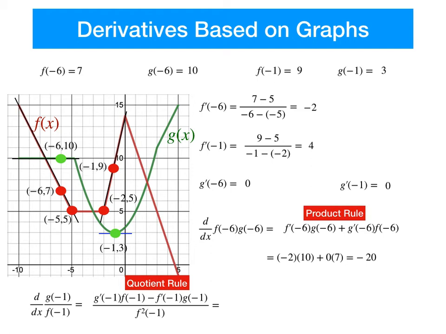Again, we found all these pieces of information. We just need to plug them in to get 0 times 9 minus 4 times 3 divided by 9 squared, which gives you negative 12 over 81, and reduces to negative 4 over 27. Again, because we have a quotient at a certain point, we need to use the quotient rule.